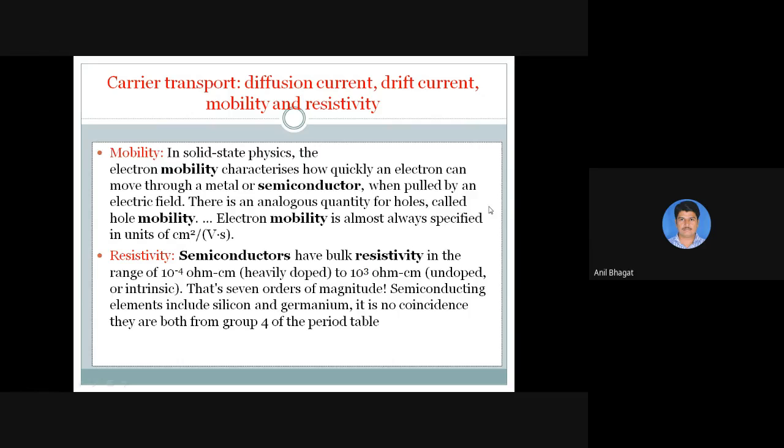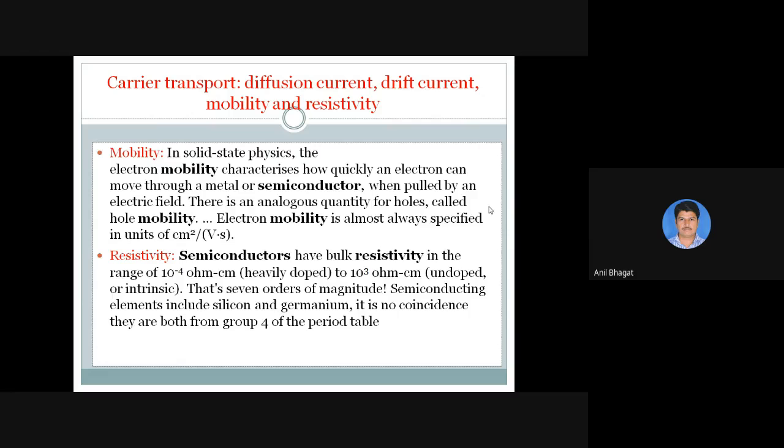This is very very important. You know that a mobile is just a portable device that always moves from one place to another place. How this device moves from one place to another, that concept is called a mobile device. Similarly, mobility is nothing but how electrons quickly move from one place to another place. We call it the mobility.